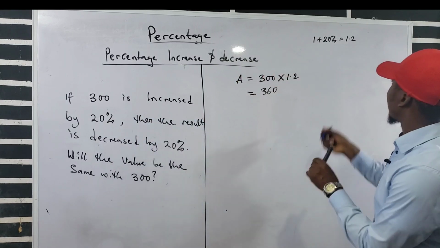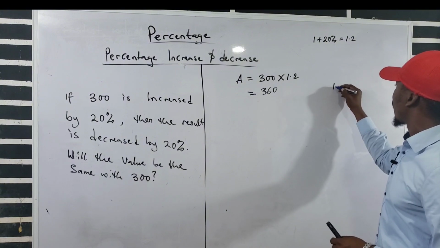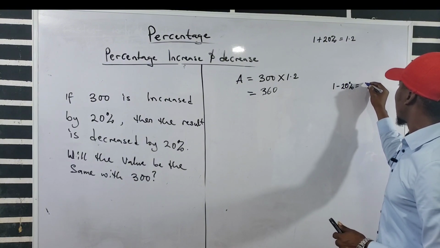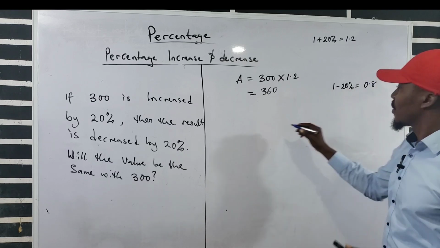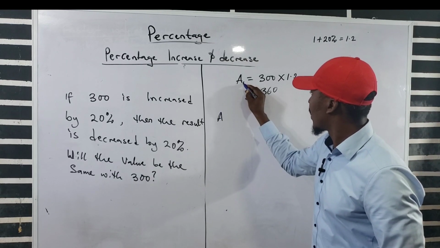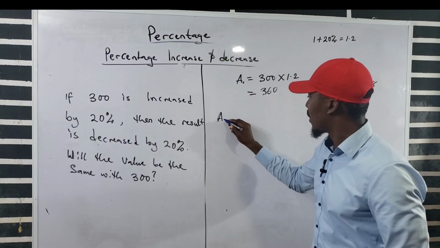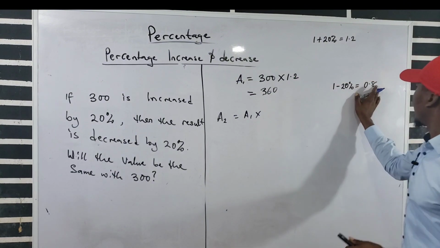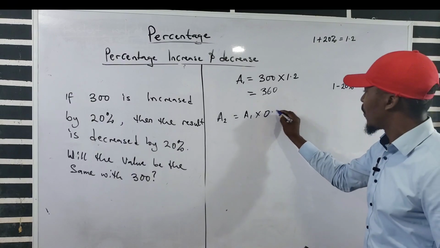So our decreasing factor now is going to be 1 minus 20%, which will give us 0.8. So we now say that the new amount, let's call this one A1, then A2 will give us A1 times the decreasing factor, which is 0.8.